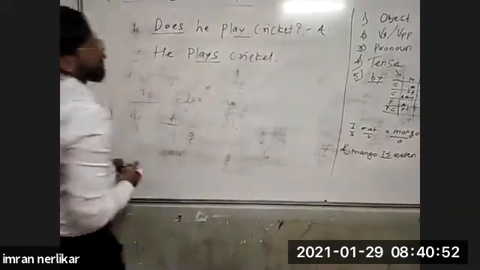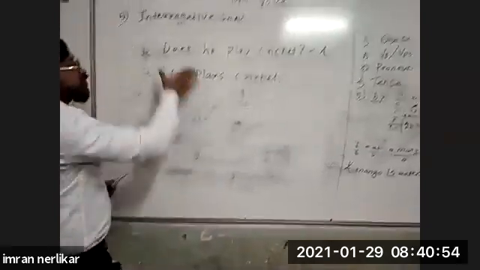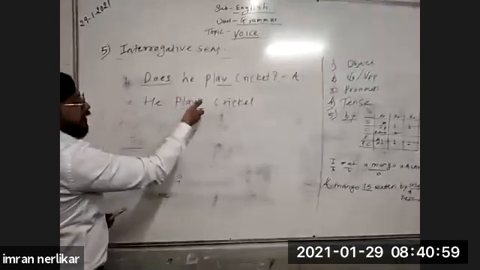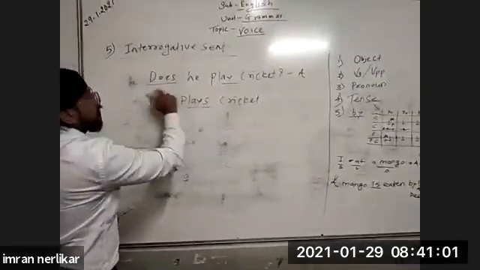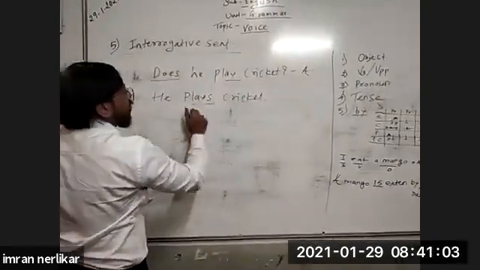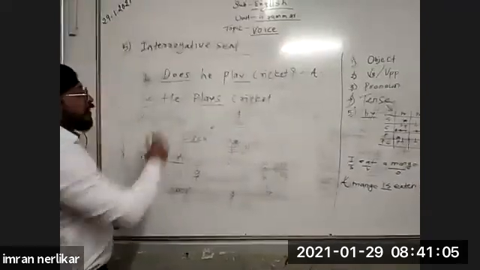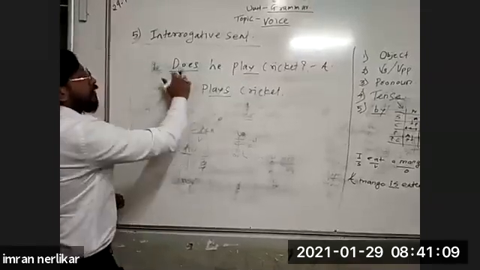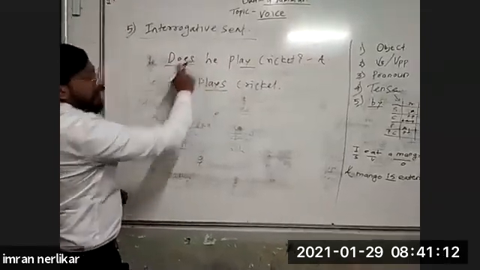See, plays. What we have done, just we have removed does and the form we have given. Again, yes, he plays cricket. Does he play cricket? Same. Sentence, question. Does he play cricket? He plays cricket.